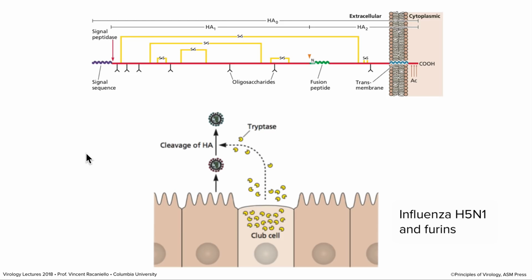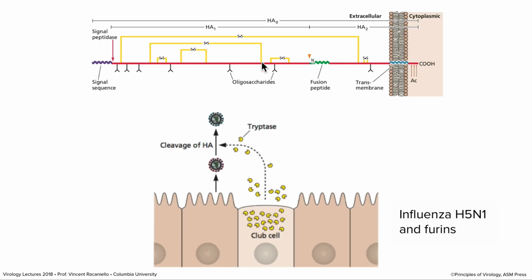I want to tell you about one determinant of tropism that was discovered for influenza virus, and that is cleavage of the HA molecule. You may remember the influenza virus particles, which are shown here, have a hemagglutinin protein on their virus surface. That protein, of course, is important for attaching to cell receptors and catalyzing fusion when the endosome pH drops. The HA protein is diagrammed at the top here.